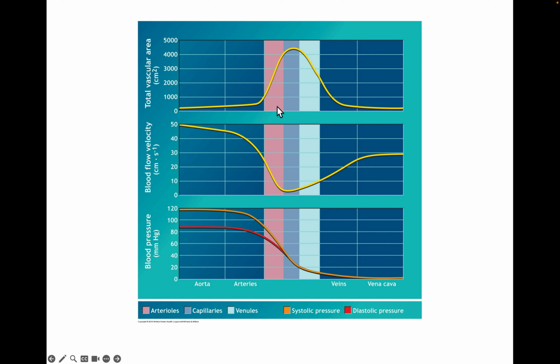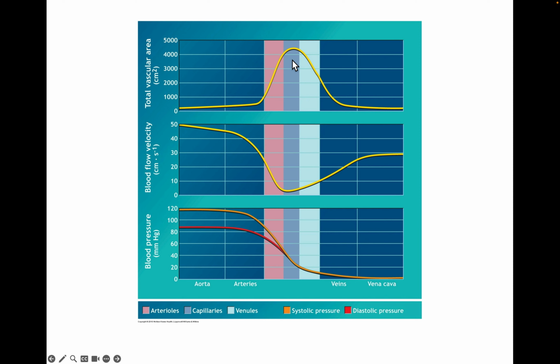So just like if water's rushing down a river and gets to a lake, emptying out into a lake, the flow is going to be faster in the river, and then when it gets to the lake, the flow of water will slow down because there's a lot larger area for that water to go. So likewise, since there's a lot more volume of blood in the capillaries compared to the arteries, blood flow will slow down when it gets to the capillaries.